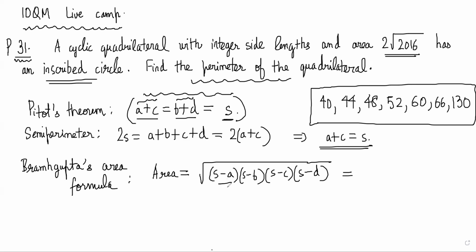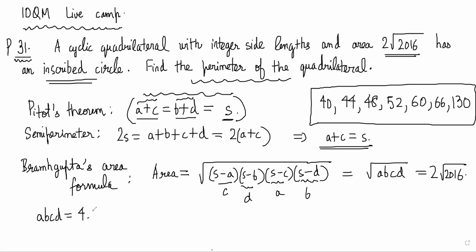We can write it as C here, right? This is C. This is D. This is A. And this is B. So we are getting area as the square root of ABCD, and that is equal to 2 times the square root of 2016. So you get basically ABCD is equal to 4 into 2016. And we also know A plus C is equal to B plus D.